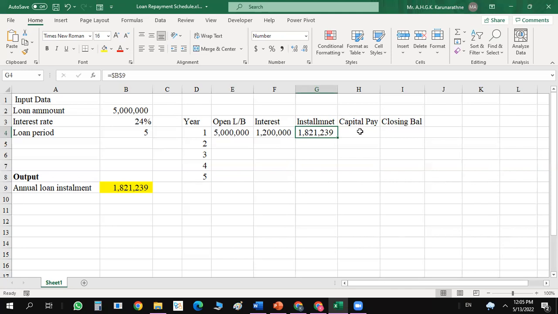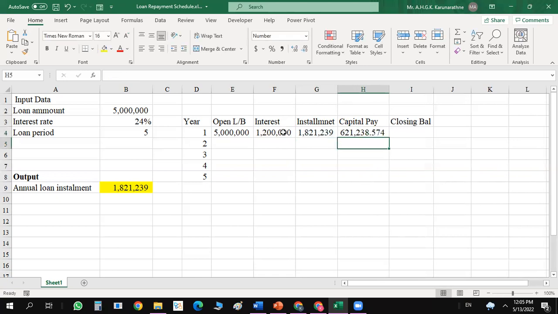So capital repayment means the difference between these two. From this loan installment they recover this much interest, so the loan will only be reduced by 621,238. The others are decimals, right?